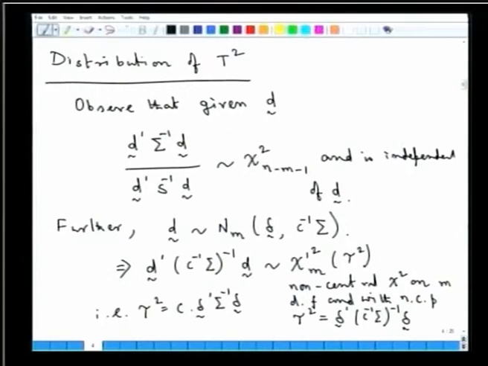Now, an important thing to note here at this particular point is that we have the distribution of this to have a chi-square distribution, which is independent of this D, the random vector, which is having a multivariate normal distribution. Now, using that random vector D, the quadratic form what we have here has a chi-square distribution, a non-central chi-square. Whatever be that, the important thing is that since this quantity here is independent of D, so will it be independent of the quantity with which we have obtained this non-central chi-square.